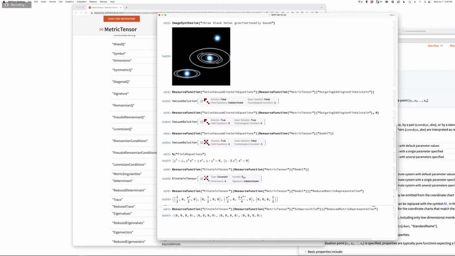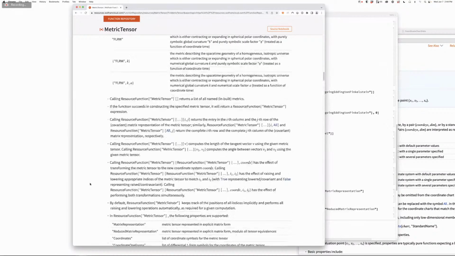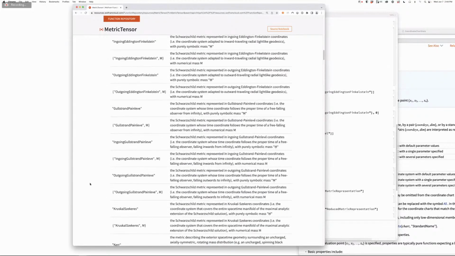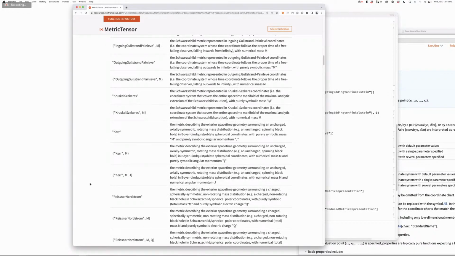I think I'm understanding. What we're looking at roughly is a bunch of named metrics. Now, you were talking about the ADM decomposition, but as far as the for-all-time metrics, which is what these are, aren't they? Yes.